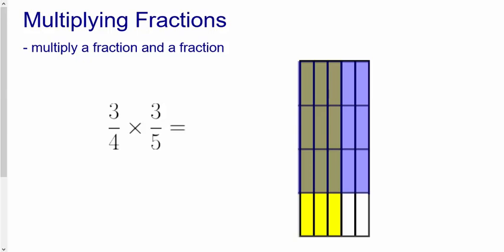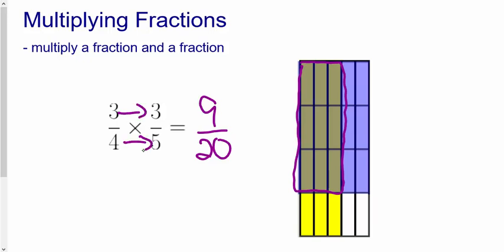Well, my overlap is represented by all of these small rectangles in here, and there are 9 of those. But how many total rectangles are in the figure here? Oh, there are 20 of those rectangles. So 3/4 of 3/5 is 9/20. Hopefully you're noticing that we're multiplying the numerator by the numerator and the denominator by the denominator.